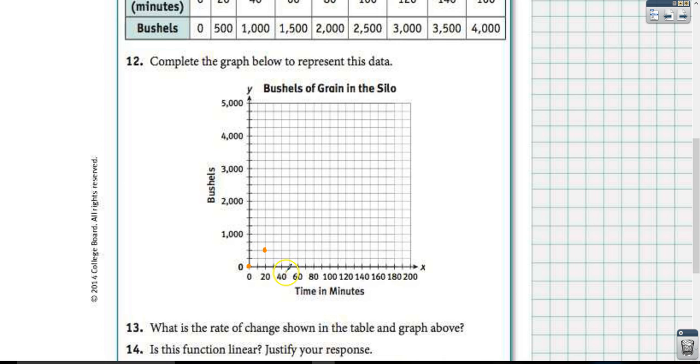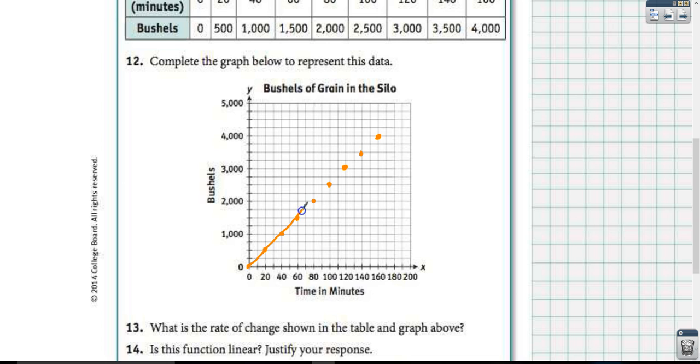Then we're going to do 40 and 1,000. 60 and 1,500. 80 and 2,000. 100 and 2,500. 120 and 3,000. 140 and 3,500. About there. And then 160 and 4,000.